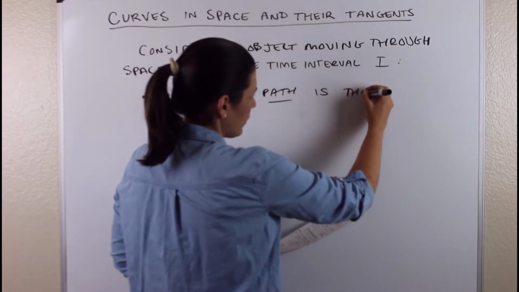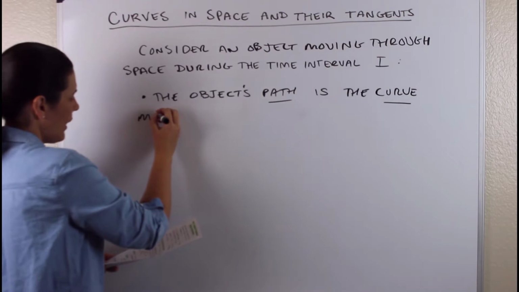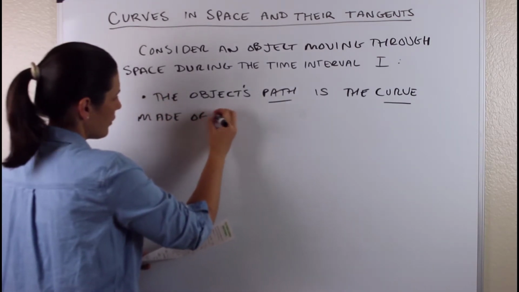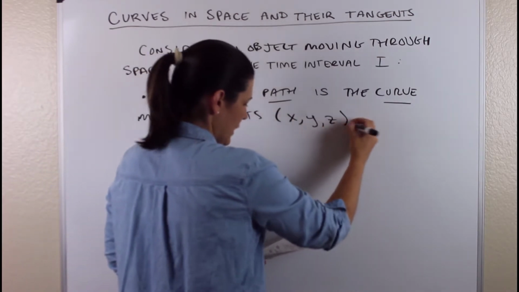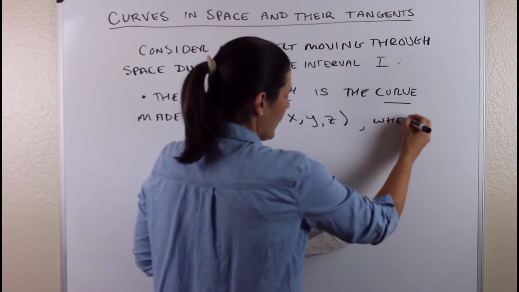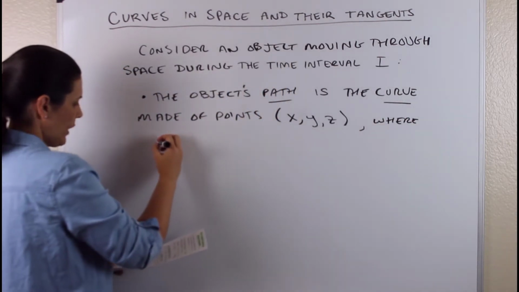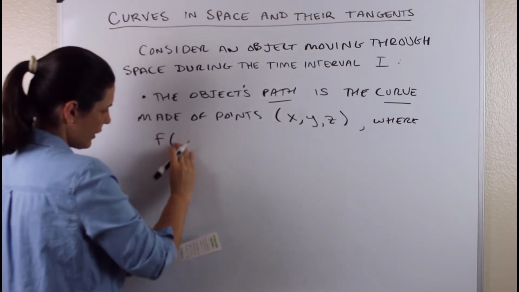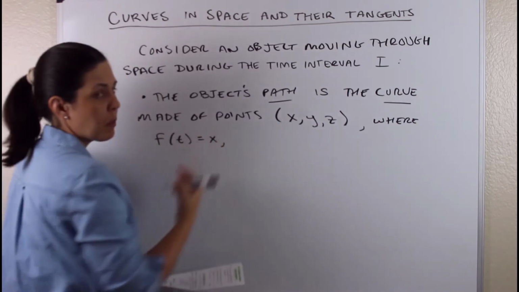So the curve is made of points x, y, z, because we're in 3D space, of points x, comma, y, comma, z. And this is where we're going to define functions for x, y, and z. So where f of t, our input is going to be t, we can think of that as time, represents the x component.